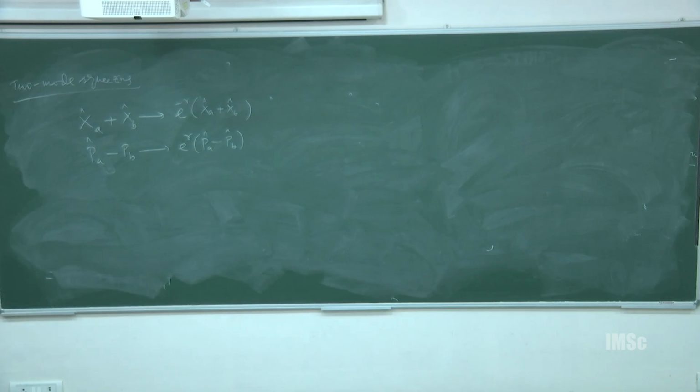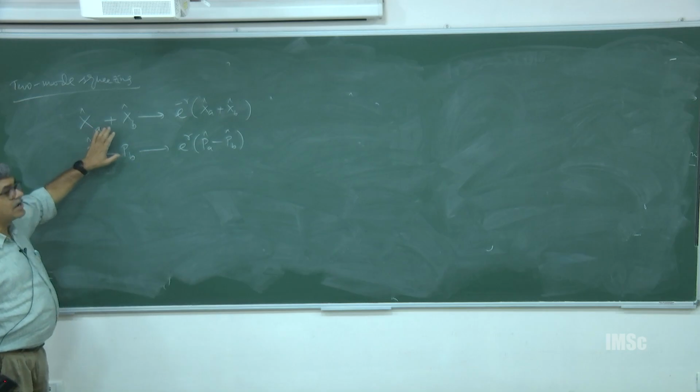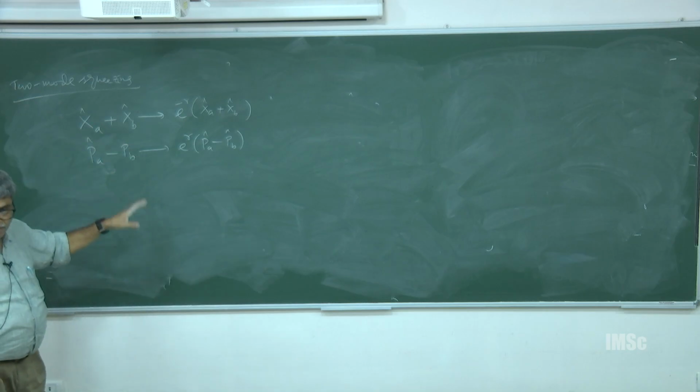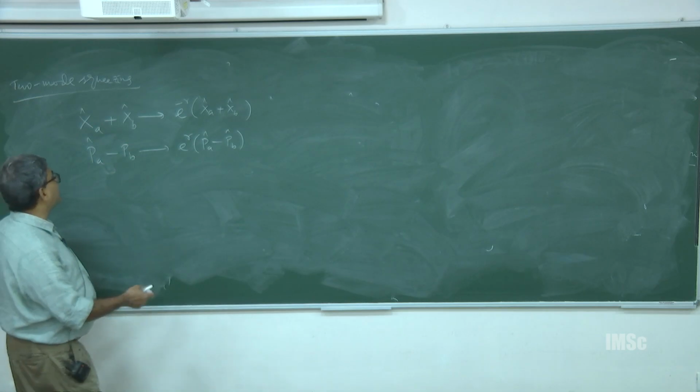Okay. So now this is a canonical transformation. You can verify everything. In fact, not only that, you can also have something like this.